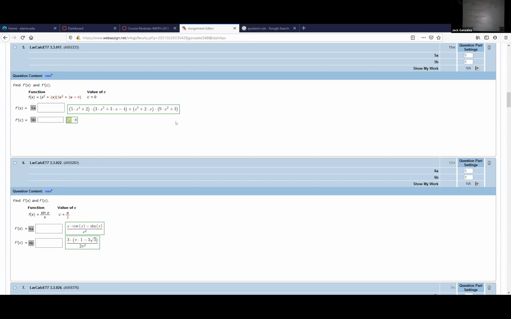Let's see, you said, does it use the value of C, or do you actually have to go for the f prime value of C? No, you find the derivative first, f prime. And I got that so far, but what was the second part?